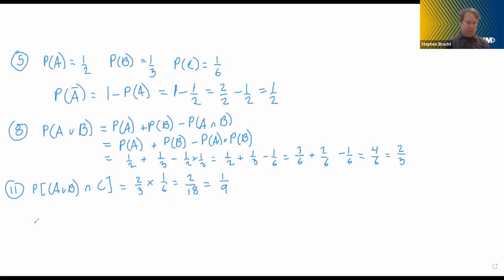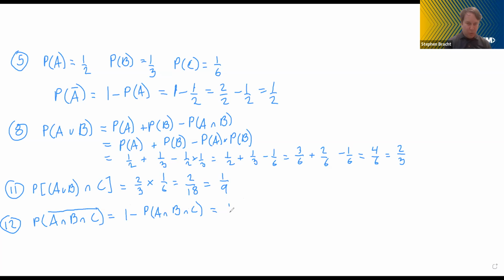All right, and then finally one more. This is problem 12, probability of the complement of the intersection of A, B, and C. That's what we're asked to find. Now, according to the rule of complements, this is equal to 1 minus just the intersection. And because they're independent events, I can just multiply.